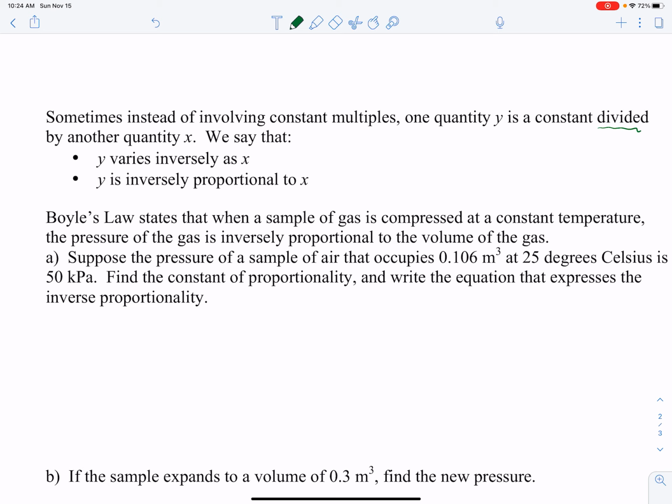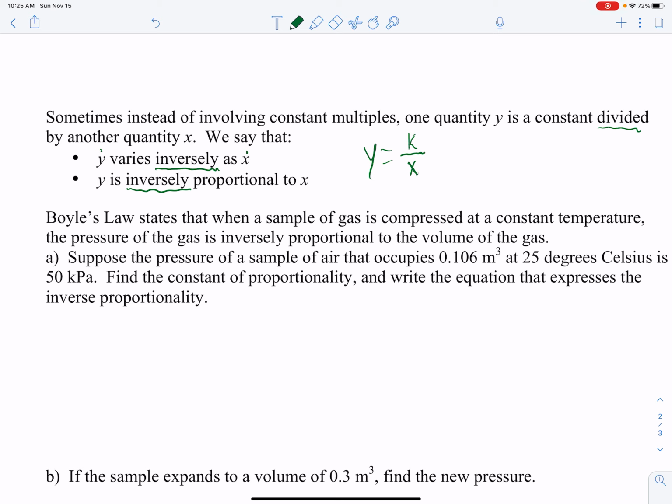So if you see something where it says one variable varies inversely as another variable, or one variable is inversely proportional to another variable, then when you're setting up the basic equation, instead of a variable is k times a variable, it's going to be one variable is k divided by another variable. So with that in mind, let's look at our example here.